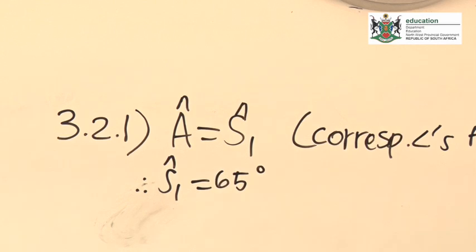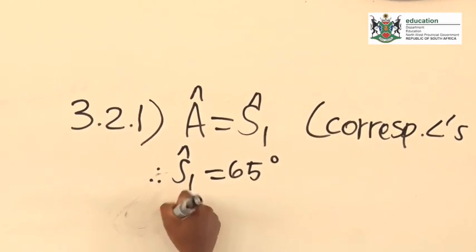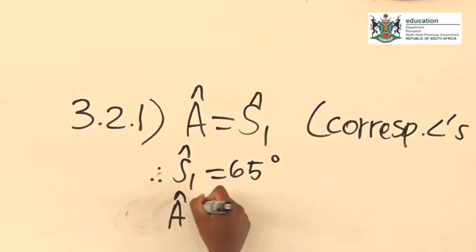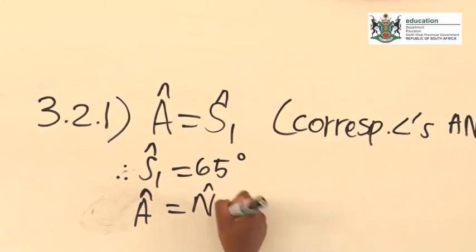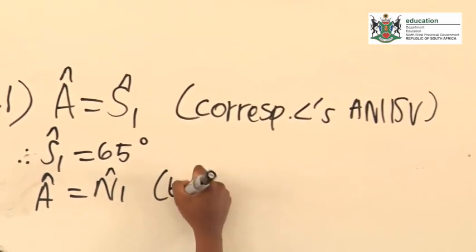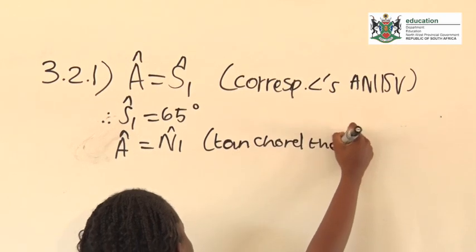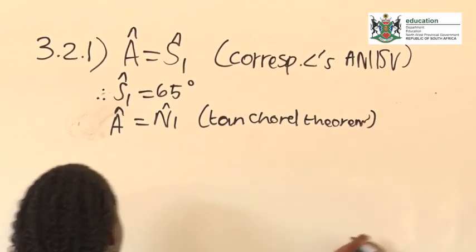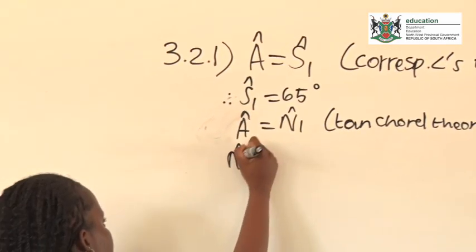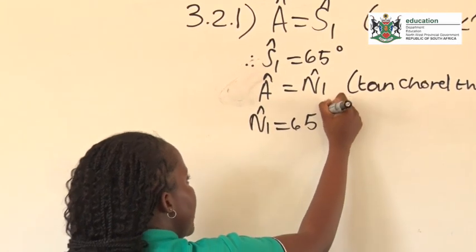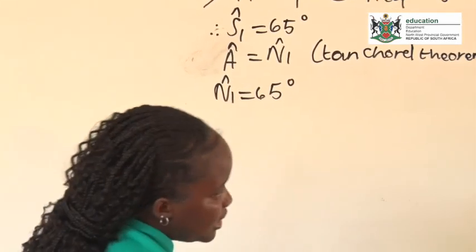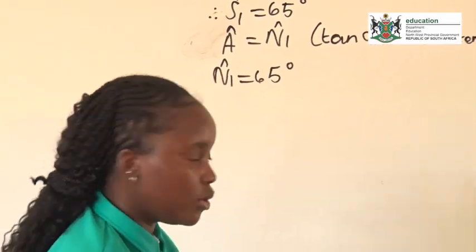Yes. And then we have angle N1. So we're going to start from known as well. A is equal to angle N1. Why? Tan angle. Therefore, angle N1 is equal to 65 degrees. We have another tangent, meaning we can also apply the tan theorem.